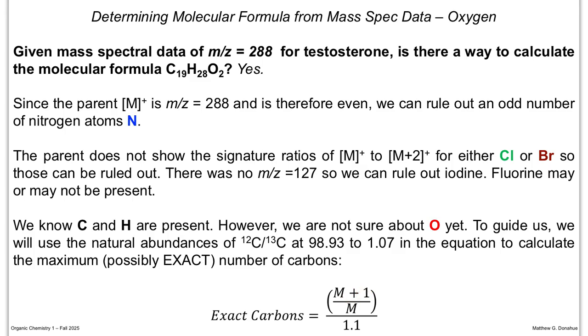And so in this equation where it says M+1 and M, these are the percents, those abundances. These are not masses. So when you have the data and you're shoving numbers in there, you're not putting a mass in there, you're putting the relative abundance of the M+1 to M. And why can we do that? Again, because the C13 is present naturally in that 1.1% abundance. And that's where this 1.1 comes from.